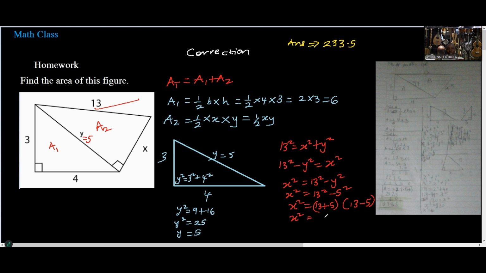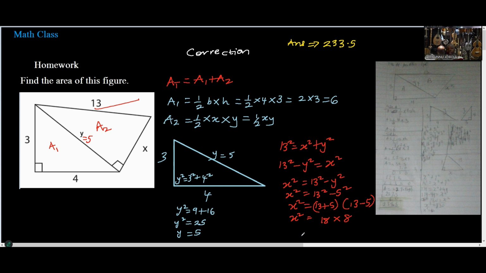What is 13 plus 5? 18. Right? Yes. What is 13 minus 5? 8.